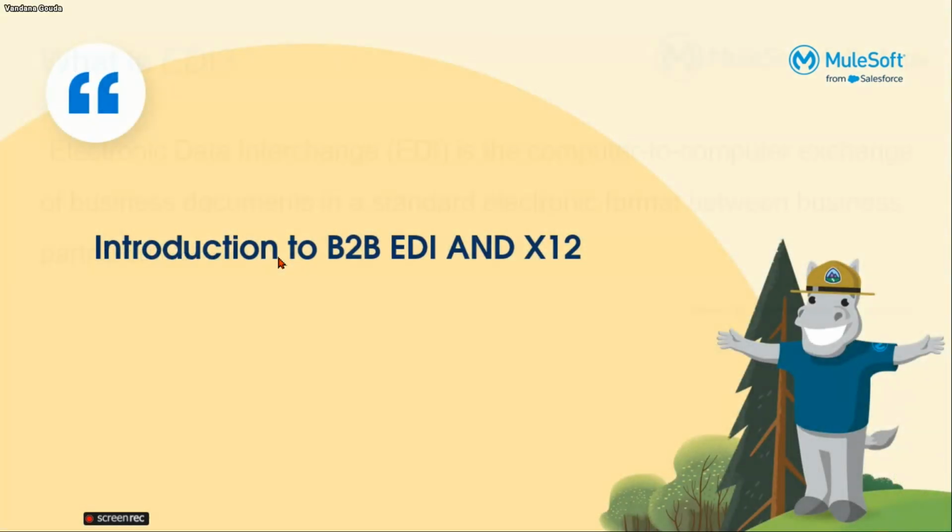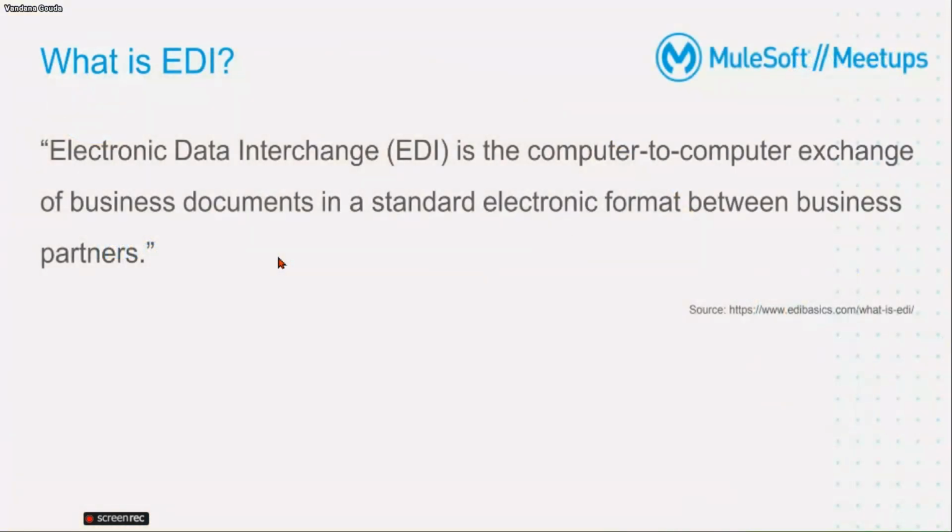First, we'll see the introduction to EDI. Before going to EDI, I need to say something about B2B transactions. We already know there are B2B, A2A, and C2C communications in real time. A2A means application to application, B2B means business to business, and C2C means consumer to consumer.